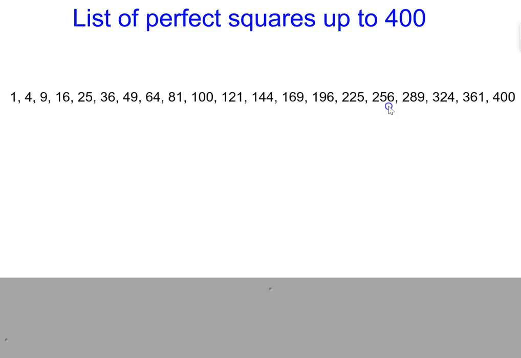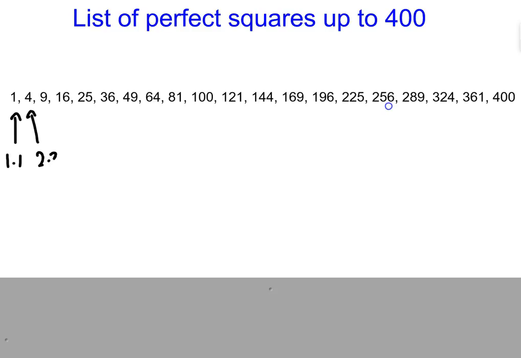Now, where does this list come from? A perfect square is very easily developed. If I ask you in the future if a certain number is a perfect square, or give me an example of a perfect square, here's how you do it. You just start at the number 1. 1 times 1 gives you 1. What's the next number after 1 when you're counting? 2.